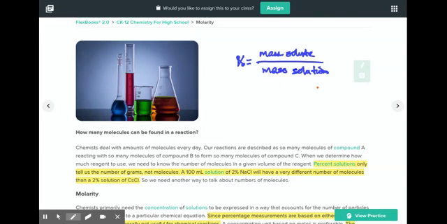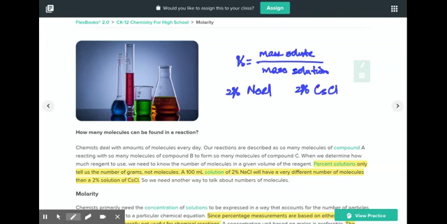Just like if we have 2% NaCl, it will be very different than 2% of the example here, CsCl.